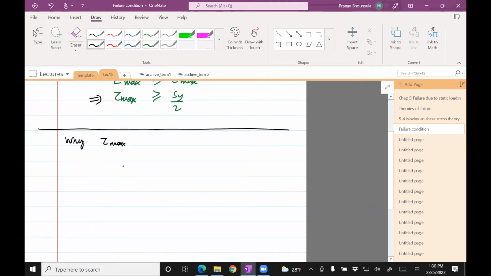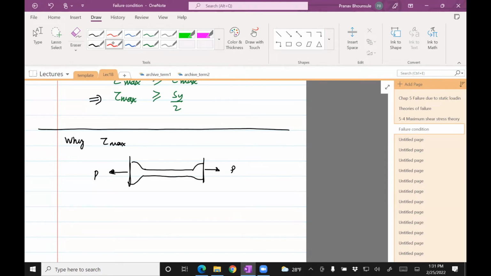Okay, so then what people have observed is when they take this specimen, which I've drawn in the past, and load it, when they keep increasing the load P, they observe that the specimen necks down, that is basically the diameter is going to decrease, the length is going to increase, and eventually it will break.